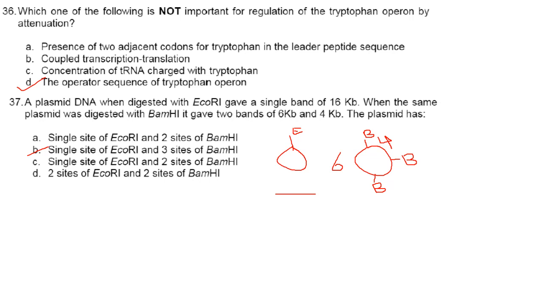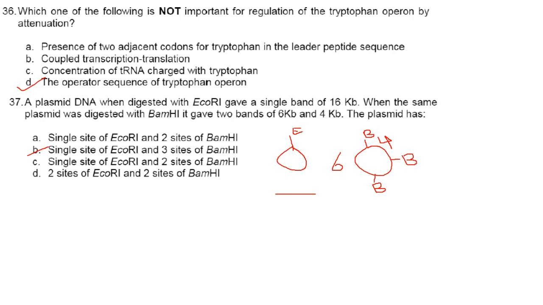It will give a single band like this. But when you digest it with BamH1, you got two bands. One is 6 kb and the other is 4 kb.